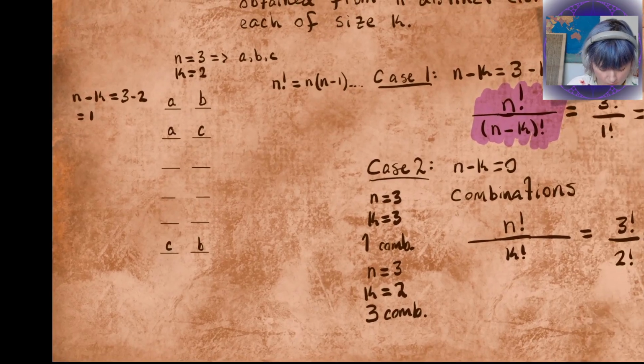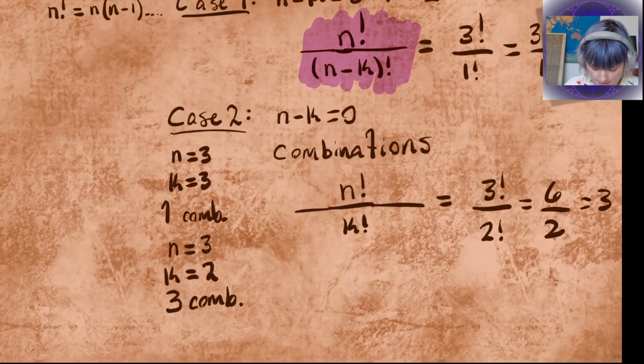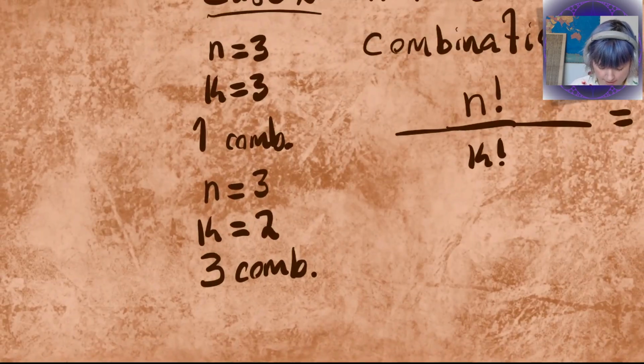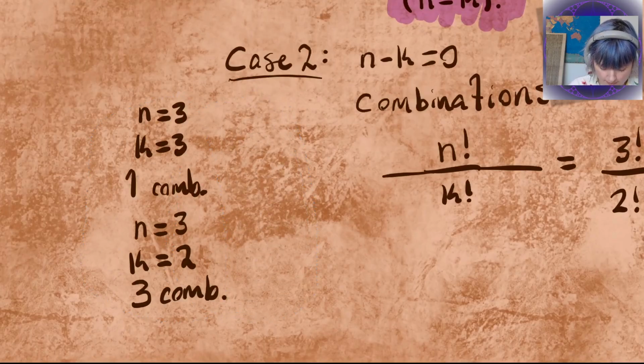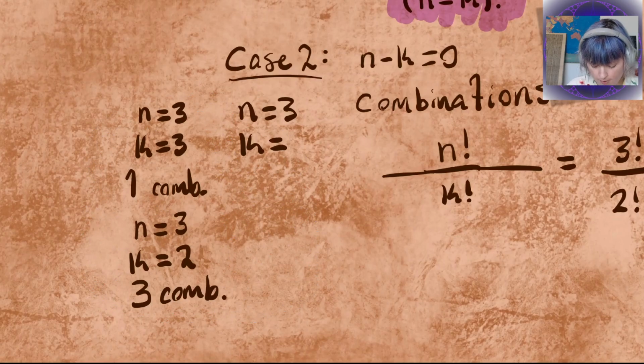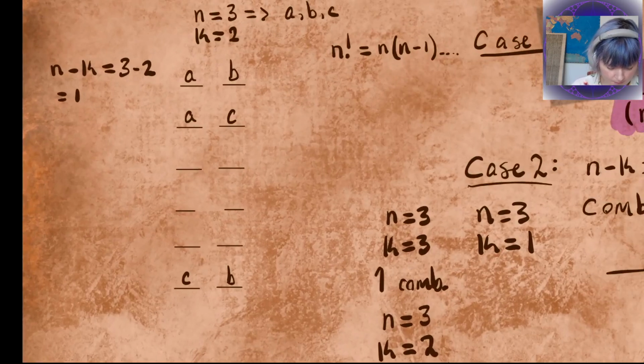We'll see. Now we have to try out the last case, where we see what happens when we have n equals 3 distinct elements and we choose arrangements of size 1. Let's see how many combinations we have.